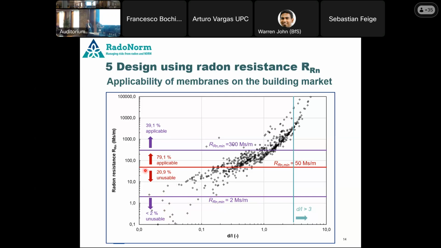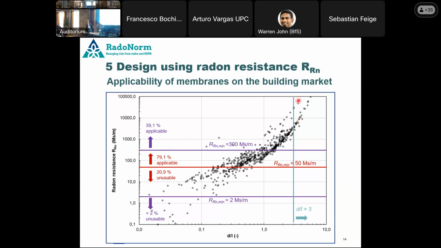The SINTEF requirement, 50 megasecond per meter, is satisfied by nearly 80% of waterproofing products. And the highest minimum radon resistance value, 300 megasecond per meter, is satisfied by nearly 40% of products. So we can say that we have products which can cover the whole range of the minimum radon resistance value.